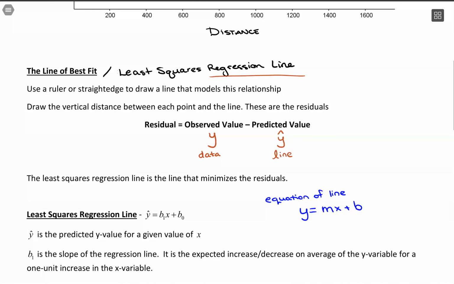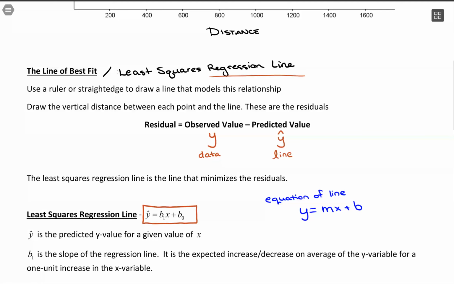So we have our two variables, y and x, and then m represents slope of our data. So it's this rate of change: as x changes, how does y change? And then b comes through as our y-intercept. It's like, where does our line intersect with the y-axis? That idea is exactly happening here as well. It's just our notation's a little different because we're in regression.